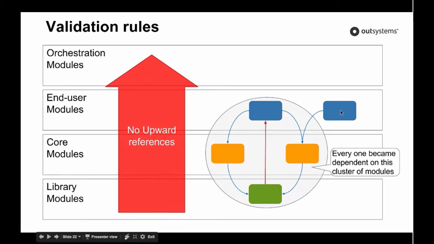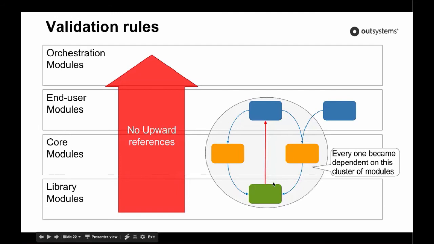Okay, so this will highly compromise the life cycle of your applications, because you don't want this kind of dependencies. You want to make sure that if I want to deploy this application, I don't need to depend on that one. Maybe that one is not even ready to go to production. So the life cycle and the dependencies between modules are highly compromised by this upward reference.